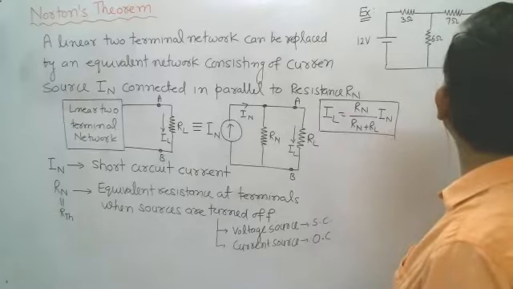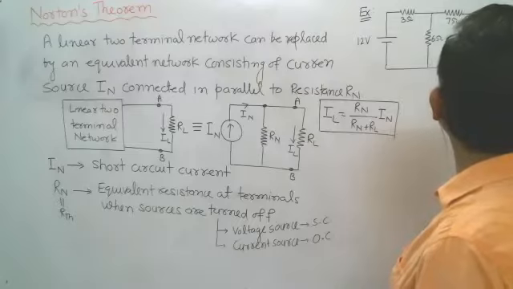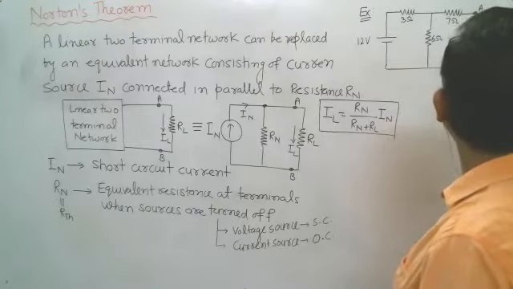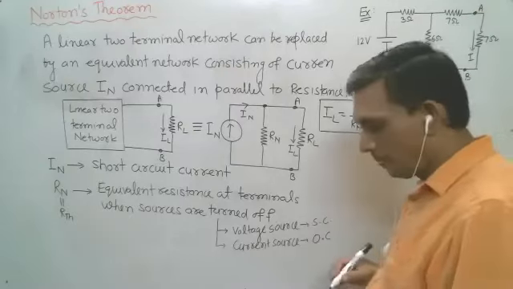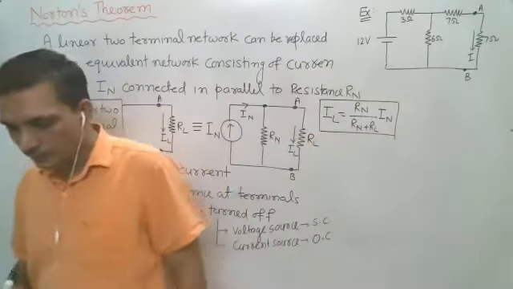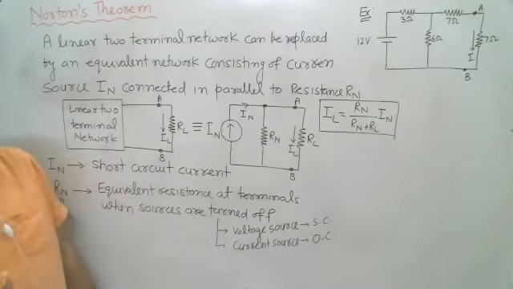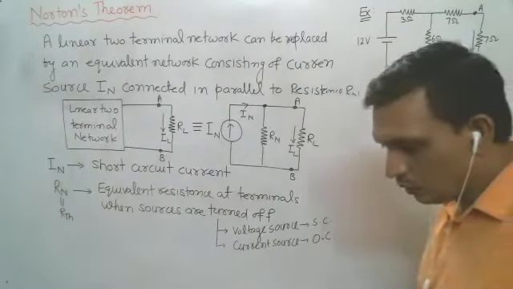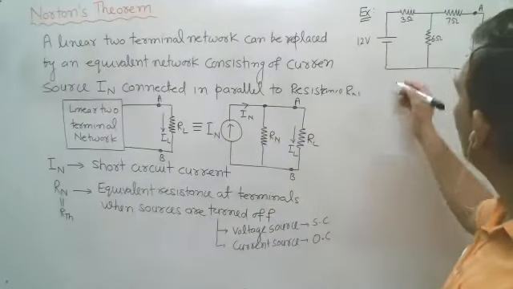Let us find this current I. Draw Norton's equivalent and find current I. So in this example, you have to see its Norton's equivalent.